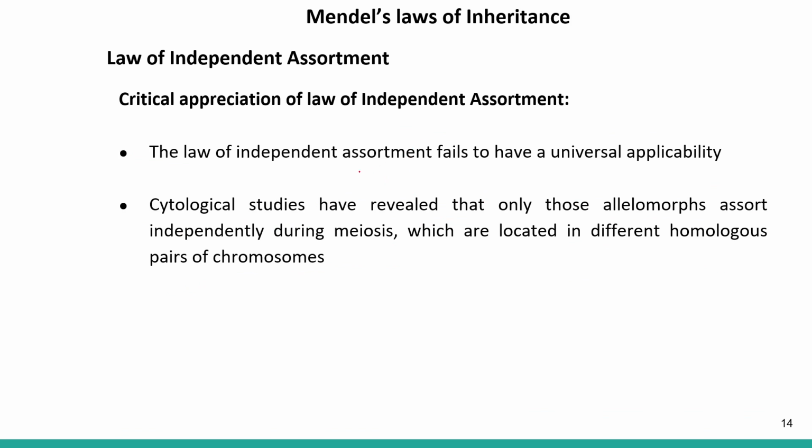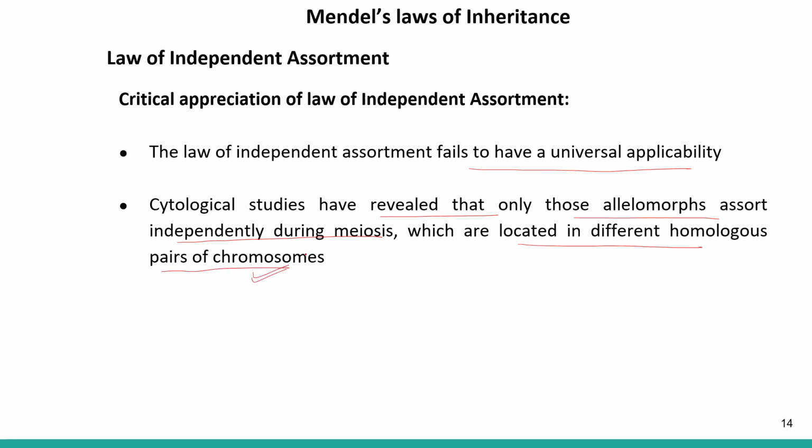So the law of independent assortment fails to have universal applicability, right? Cytological studies have revealed that only those allelomorphs assort independently during meiosis which are located in different homologous pairs of the chromosome.